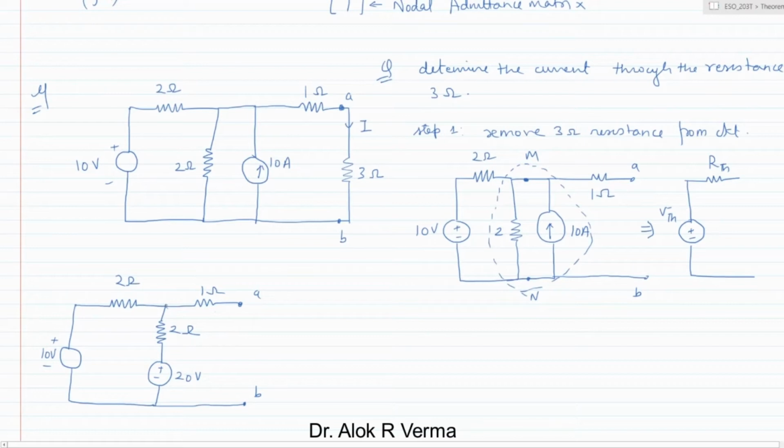So whatever voltage appears here is the open circuit voltage between terminals A and B. We can write VAB is nothing but 20 volt, and suppose there is a current I flowing in this circuit. So 20 volt minus 2I is VAB.